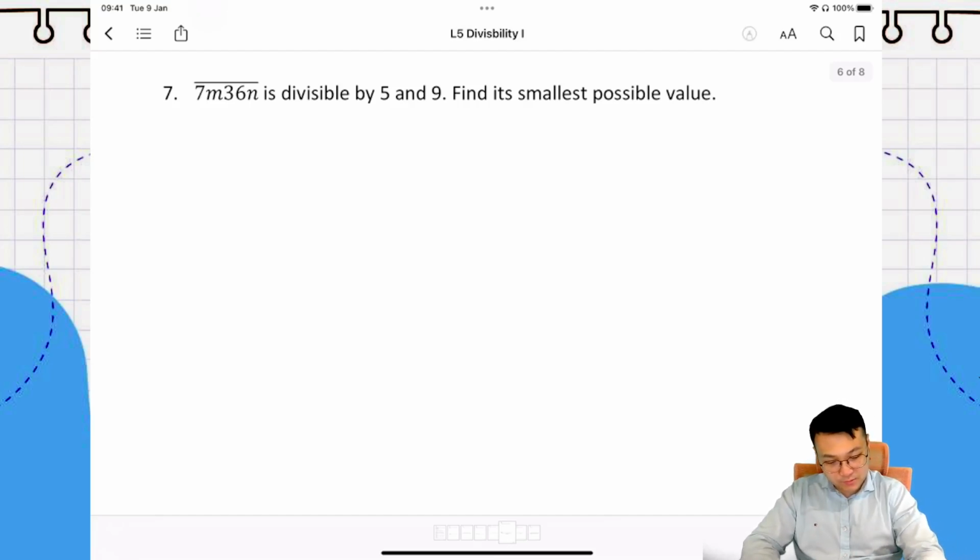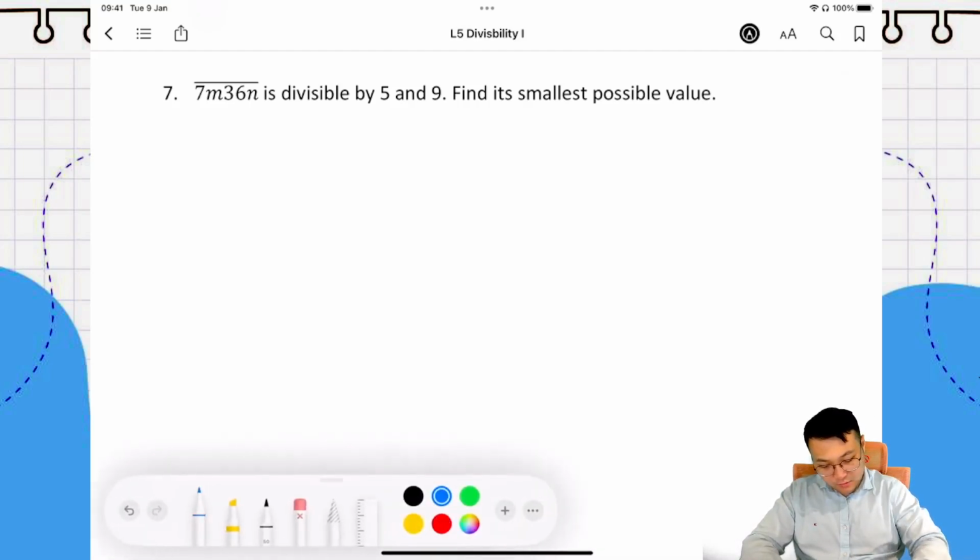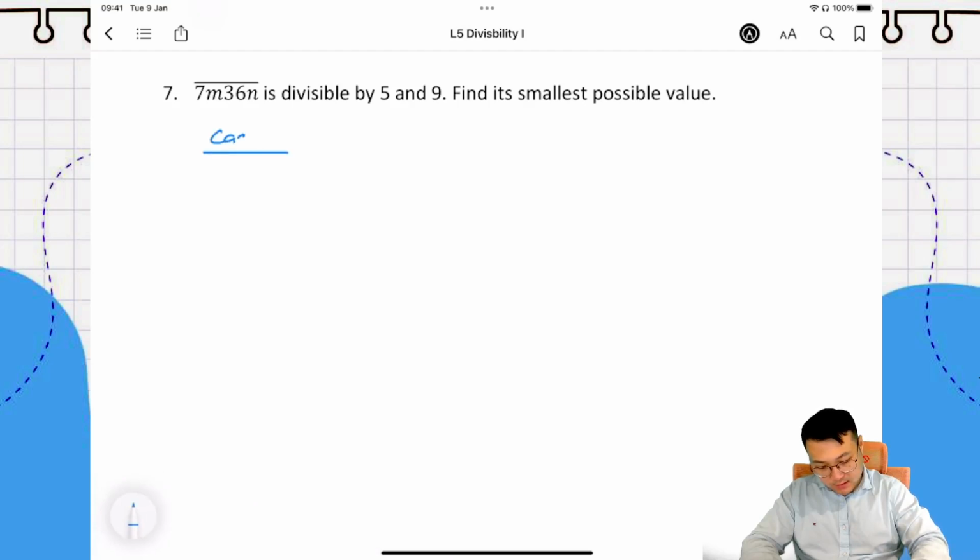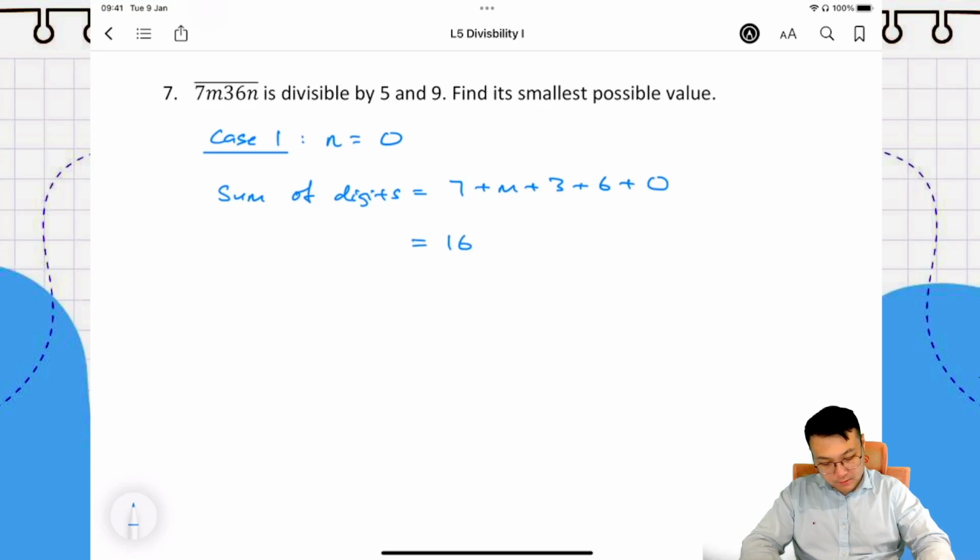So how do we do this? We do case number 1 and case number 2. Case 1: n equal to 0. What is the sum of digits? It's 16 plus m.